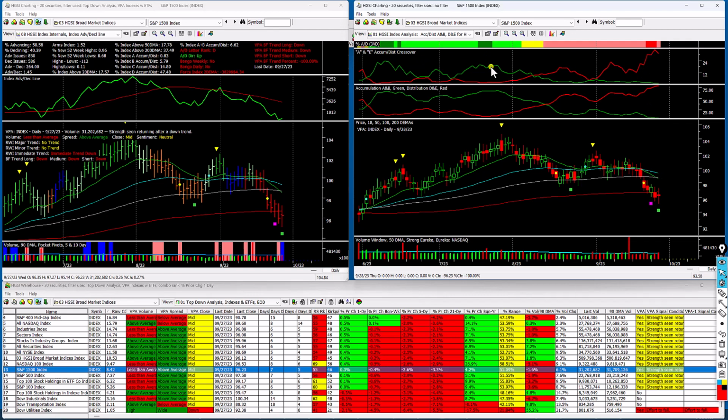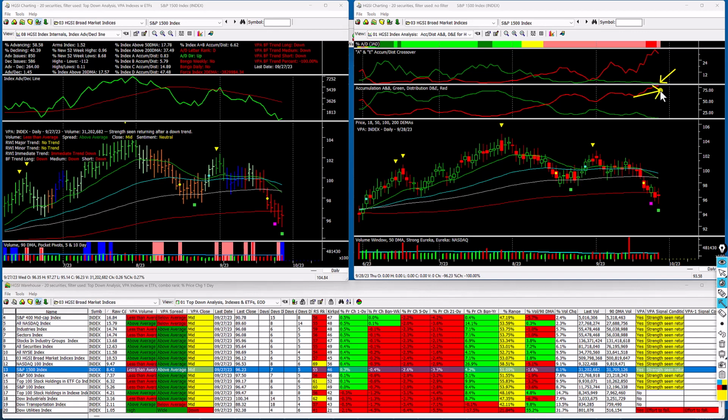Now what we have up here, and I'm going to get an arrow here and change it to yellow. First of all, this is the accumulation distribution bar. It went from E to D, so it improved a little bit. This is A distribution, and this is A accumulation. The distribution went down a little bit.